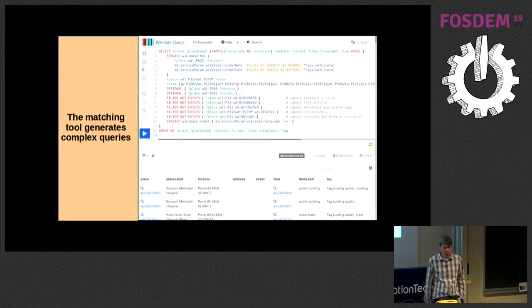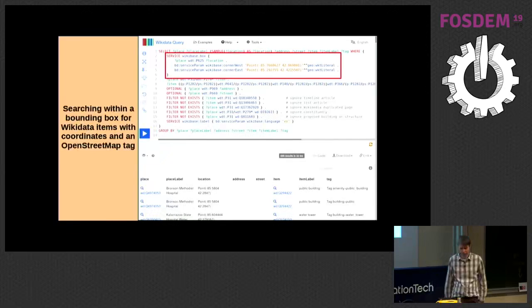So this is the kind of searches that the system is doing underneath, much more complex SPARQL queries, and SPARQL supports bounding box searches, which is important for geospatial data. So that's the bit of the code that you use for searching in a bounding box.